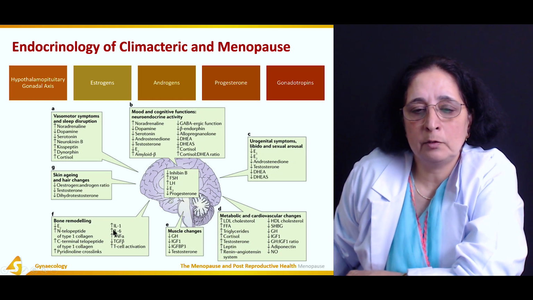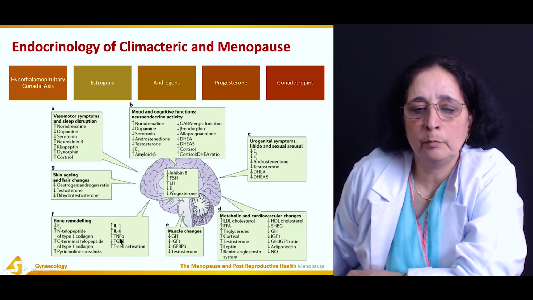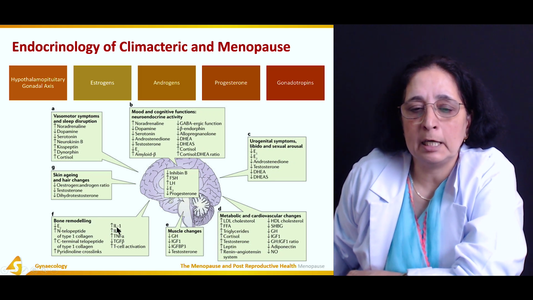There is also an increase in IL-1, IL-6, TNF, which is tumor necrosis factor, where IL is interleukin, and a decrease in tumor growth factor. So tumor necrosis factor and tumor growth factor, and there is an increase in T cell activation, so bone remodeling.